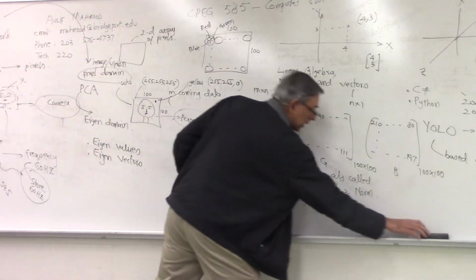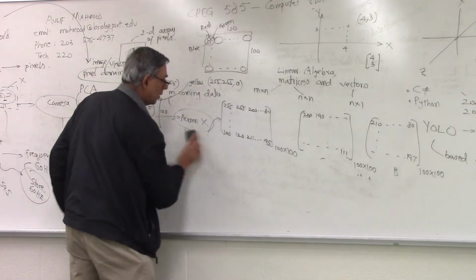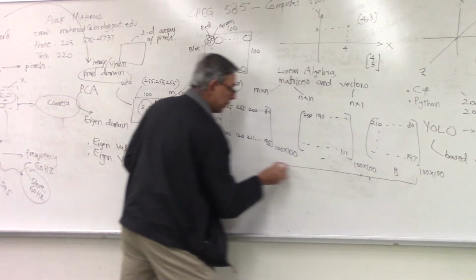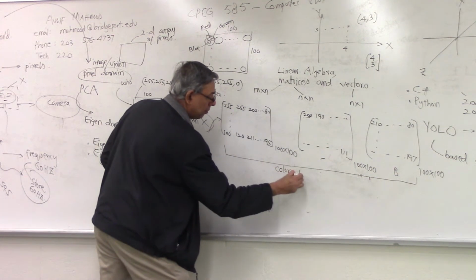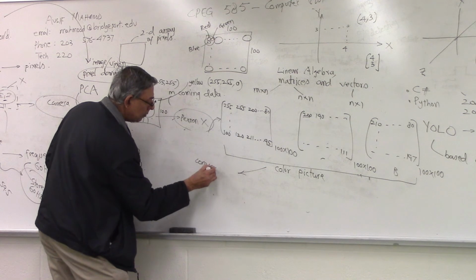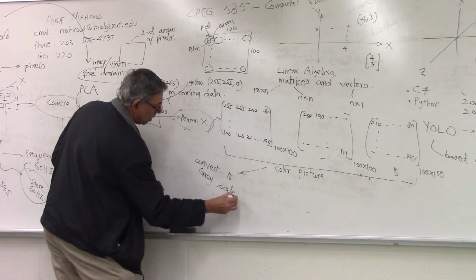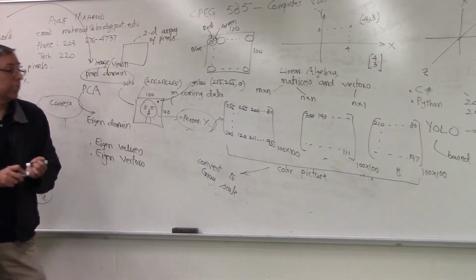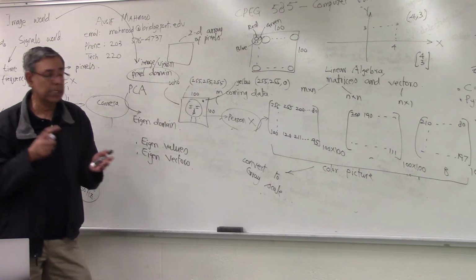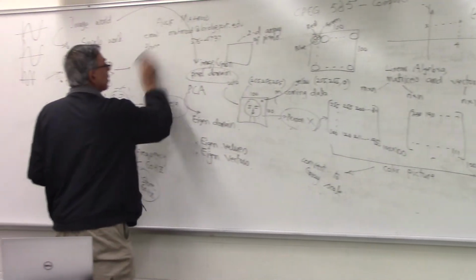So now what we do is, we convert this color picture to grayscale. How do we convert it to grayscale? There's a weighted average that we take. There's a standard formula for it.